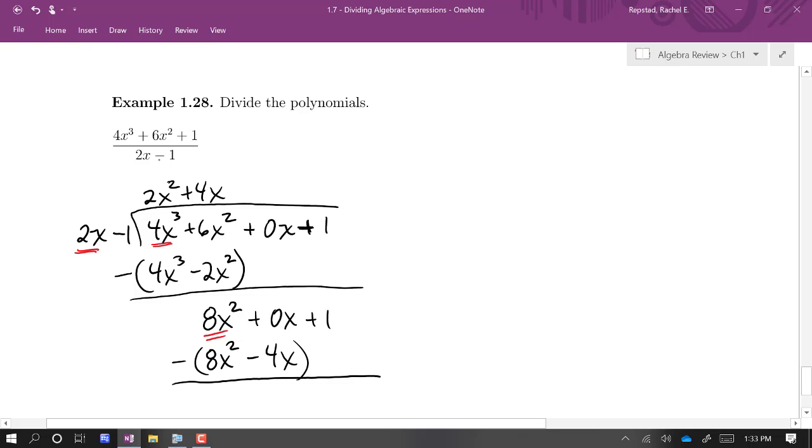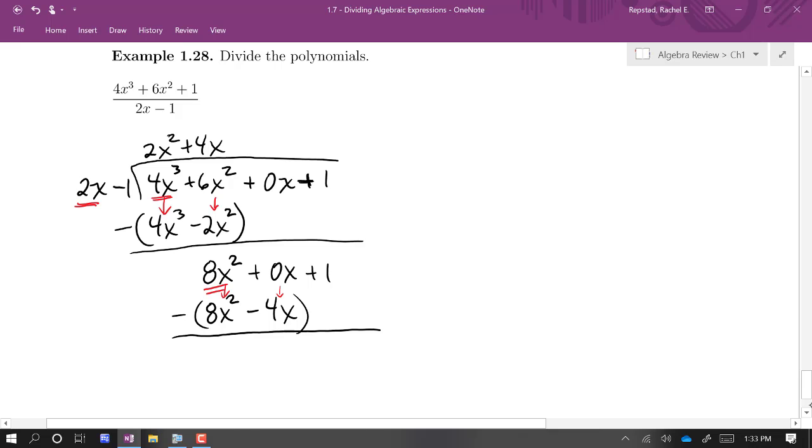When I'm doing the subtraction, it's really convenient that my like terms sit on top of each other. Without that 0x, I wouldn't have that. So having the like terms stacked with each other helps me avoid errors. So 8x squared minus 8x squared, that's 0, those cancel out.